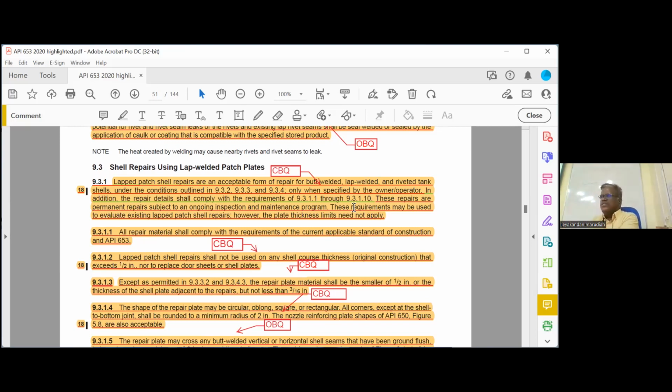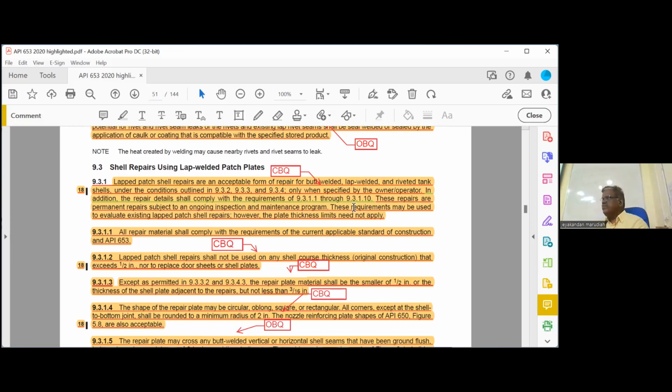Lap weld minimum dimension is 4 inch. Any lap patch plate you are putting, what should be the minimum dimension? 4 inch. What is the maximum dimension of butt welded? Unlimited. I told you there is no limit. Any shell course you can replace. Fillet weld patch maximum limit is vertical 48 inch, horizontal 72 inch, 4 feet to 5, 6 feet.